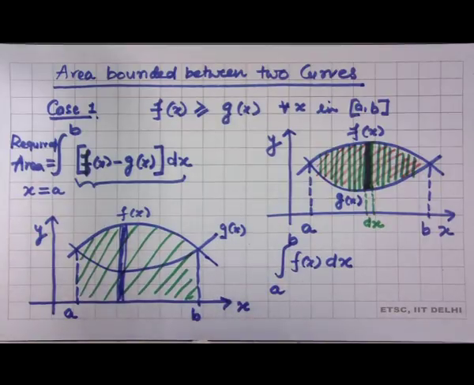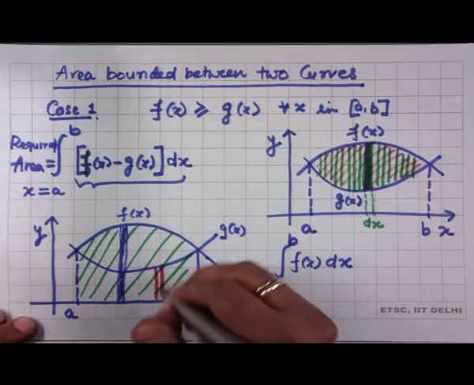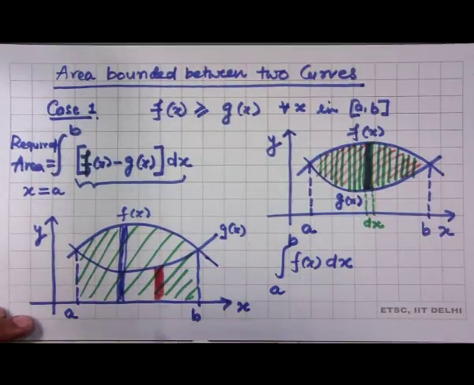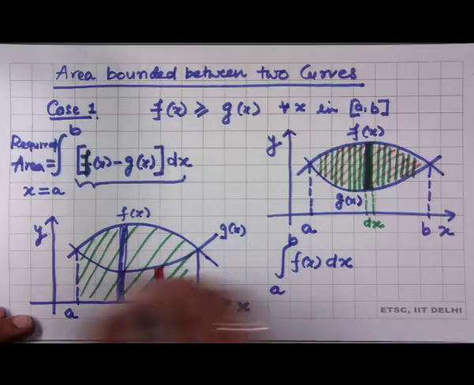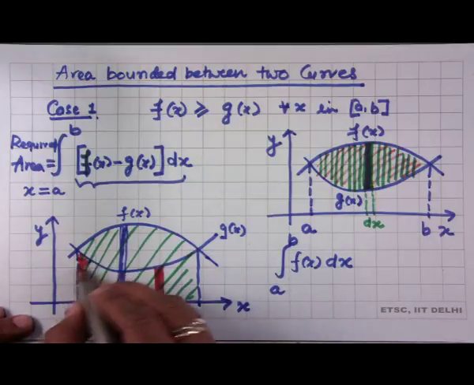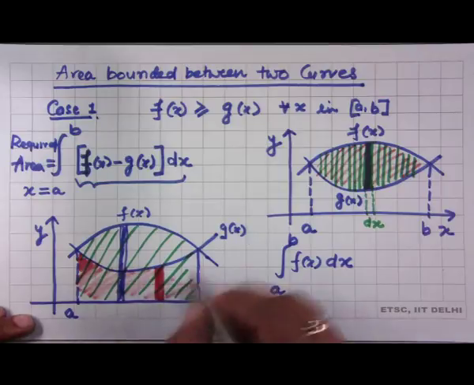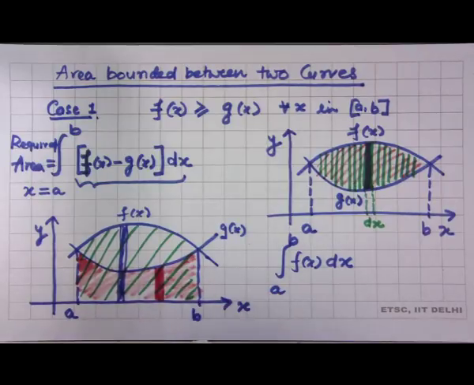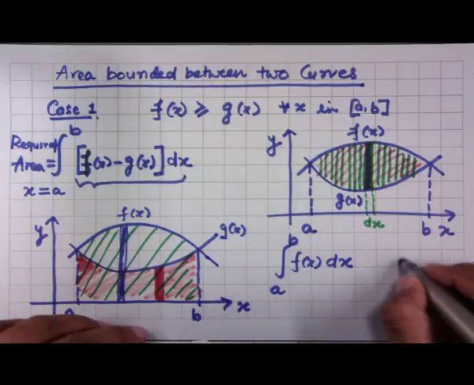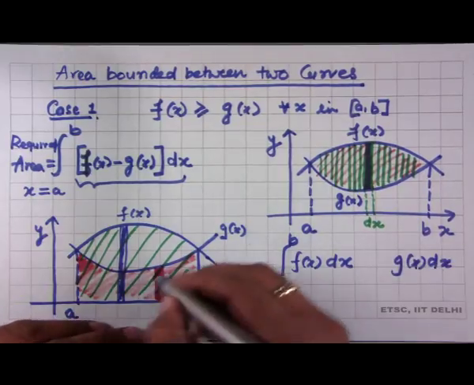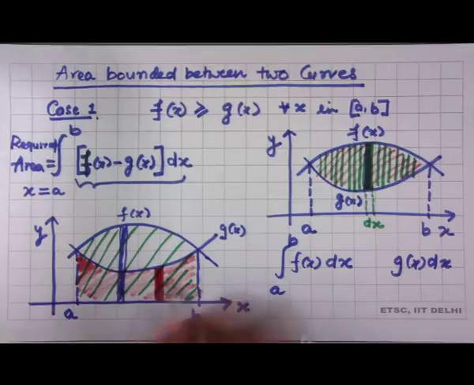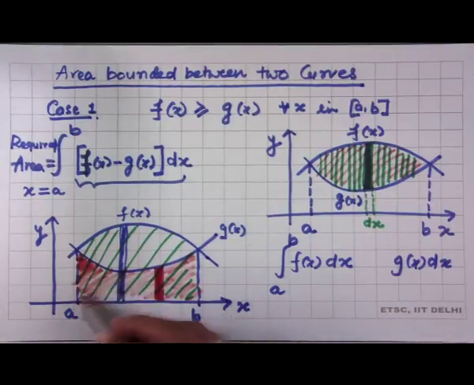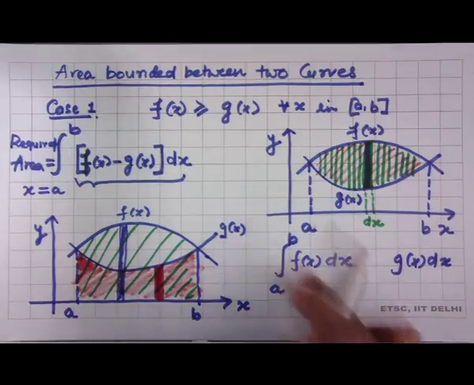Now, if you take this vertical strip which starts from 0 and ends on g(x) every time, and you integrate this, you get this area. So g(x) dx is the area of this strip, and if you integrate from A to B, you get the area shaded by red color, and the integral of f(x) dx from A to B is the area shaded by green color.